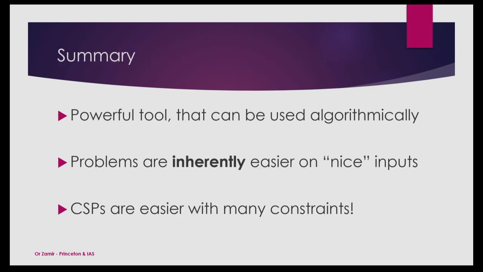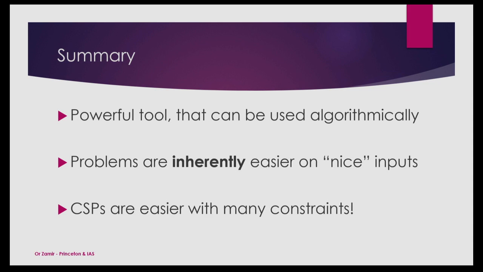OK, let's summarize. We looked at this very powerful tool from extremal combinatorics. What we are sketching here is that it can be imported to the world of algorithms. We can also use it here. It shows that some problems are inherently easier on nice inputs, that if the inputs are symmetric, then you can inherently do better regardless of what your algorithm is for the general case.